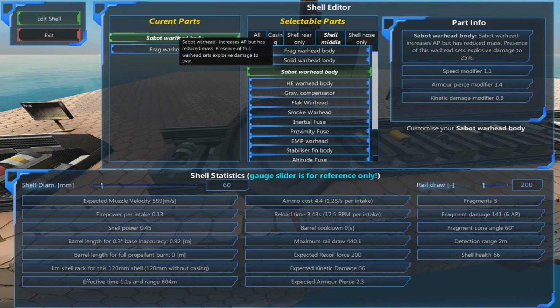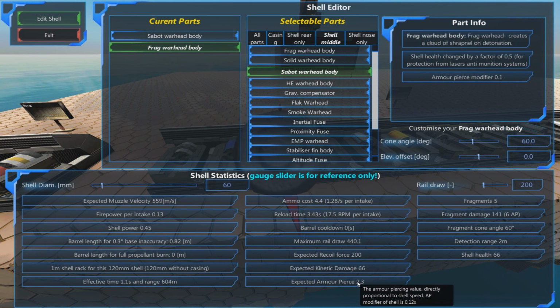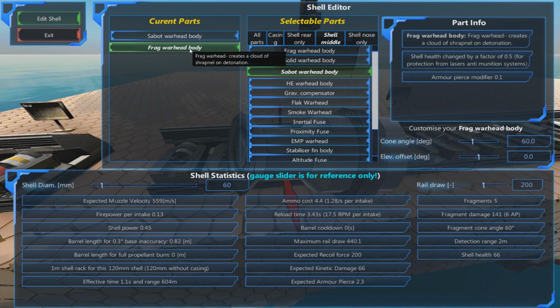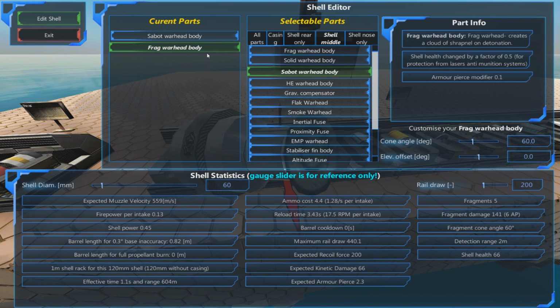But you can use Sabot warheads and Frag warheads together, and they do not penalize each other. You do get considerably reduced armor piercing if you stick Frag warhead bodies on this, but you can use these. These synergize. Again, don't get too used to that, because by the time you watch this video, they might have patched that out, because I don't know if this is on purpose. It might not be.